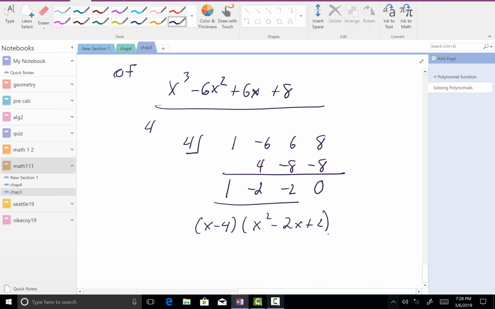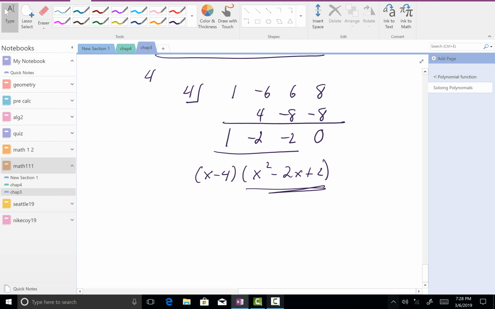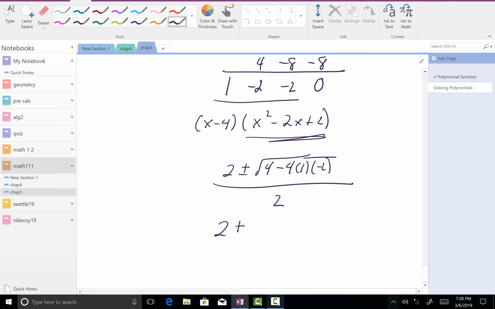But the problem is that this is a quadratic, so we want to try to break it down even more. So then we're going to do the quadratic formula again. This time I'm not going to get an imaginary, obviously, because I had those two x-intercepts.